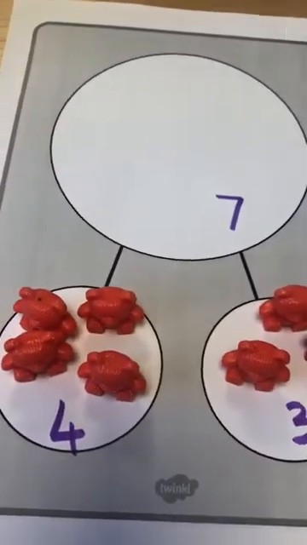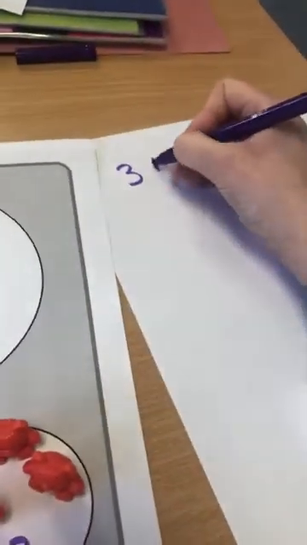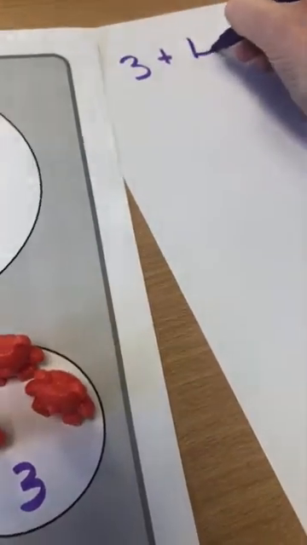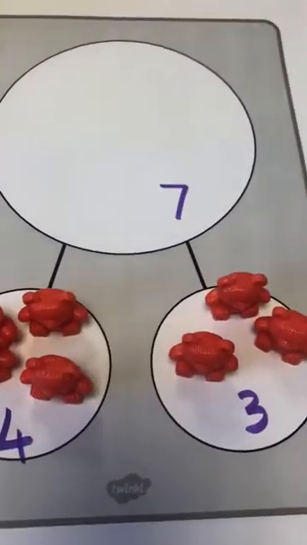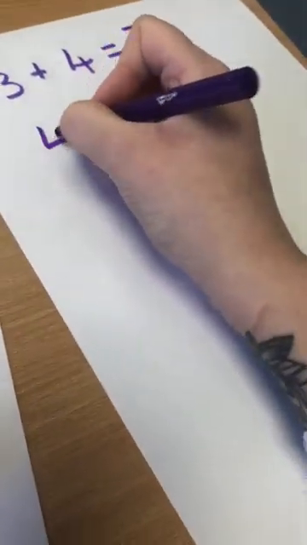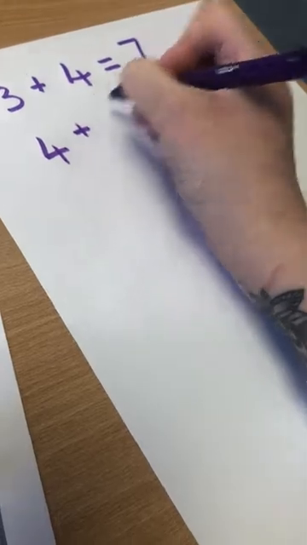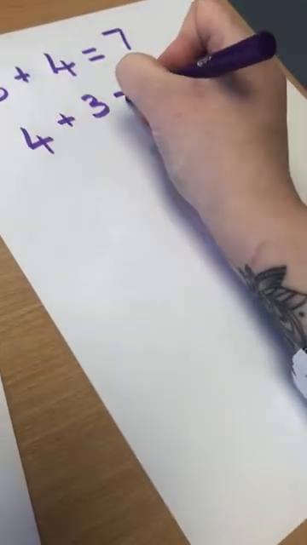Therefore, 3 add 4 equals 7. We can also change those first 2 numbers around so that 4 add 3 equals 7.